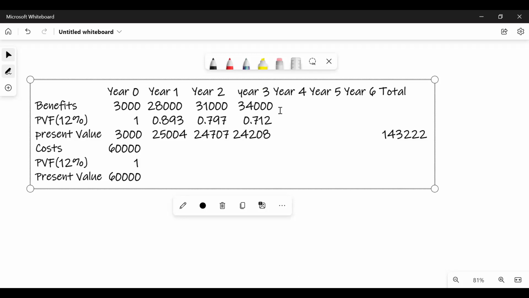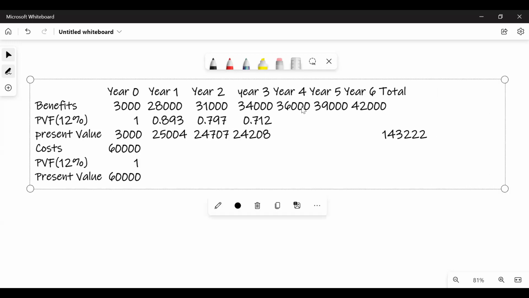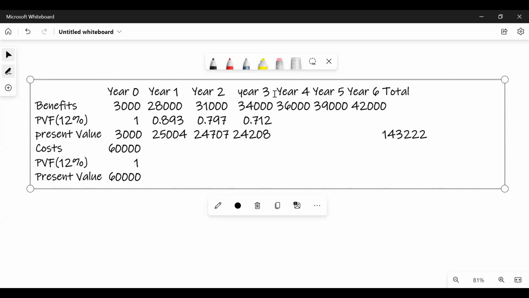34,000 for year 3. Then we have 36,000, then 39,000, then 42,000. So these are the values we had for year 4, year 5 and year 6.